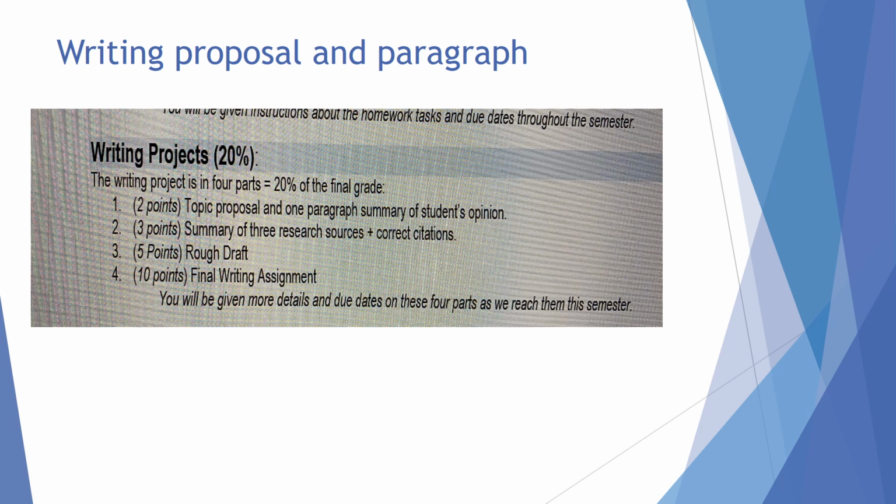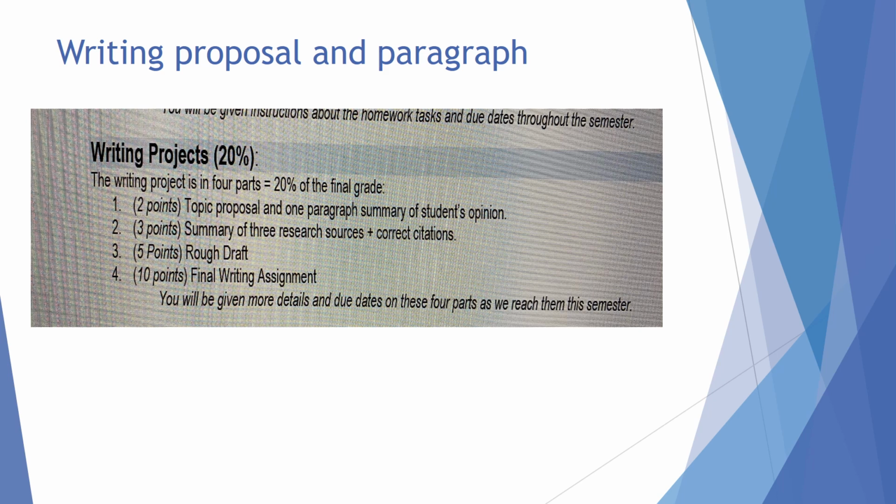Okay, so writing proposal and paragraph. Now, this photo here, I took this from the syllabus that I sent to you at the very start of the semester. So your writing project is worth 20% of your grade. And you can see it says the writing project is in 4 parts.